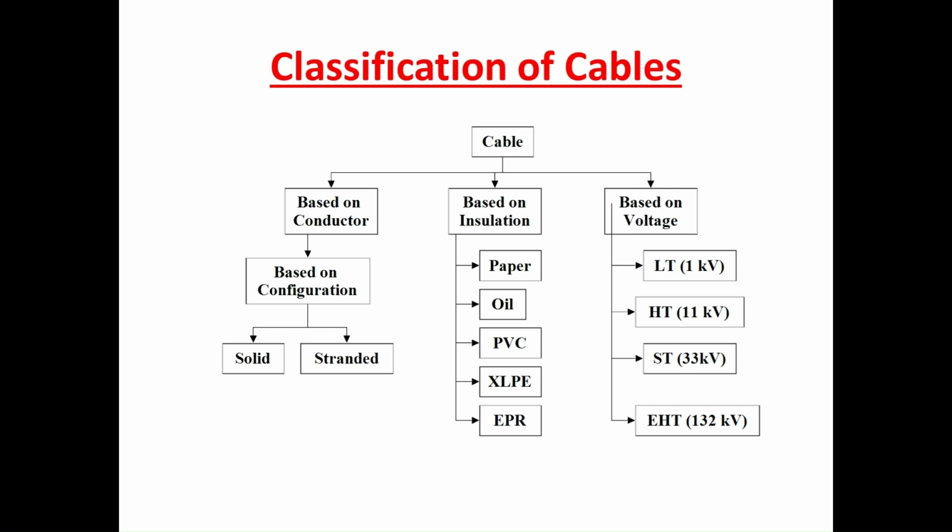So based on conductor, it may be solid or stranded, it may be copper or aluminium, the conductor material. Similarly, based on the insulation, paper, oil, PVC, XLPE, or EPR, or based on the voltage, it can be LT cable, HT cable, ST cable, or EHT cable. That is the rating we have specified.